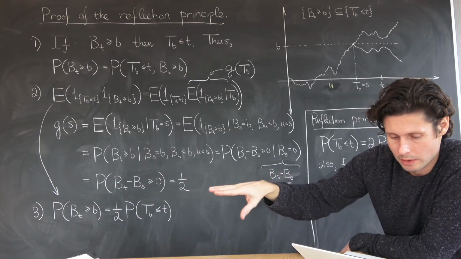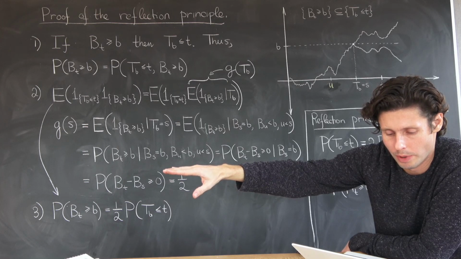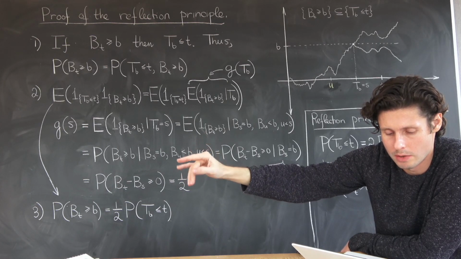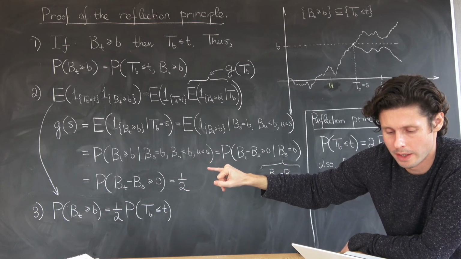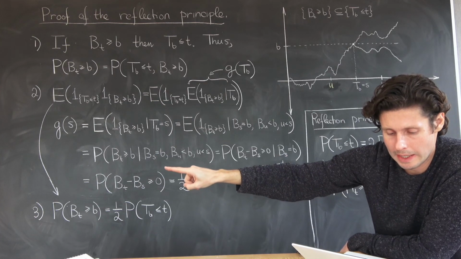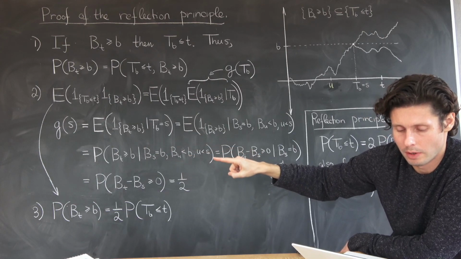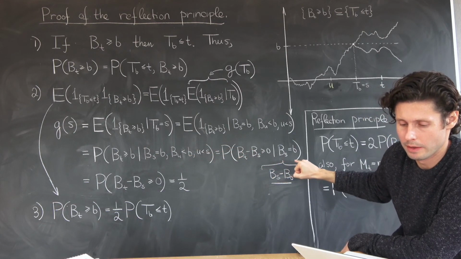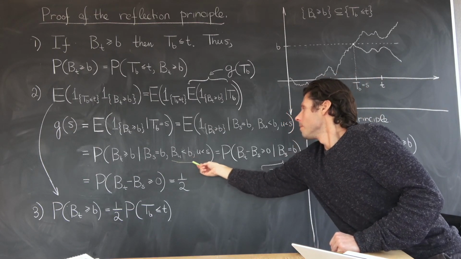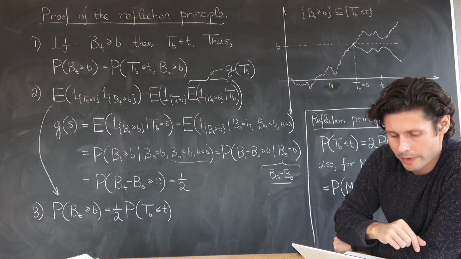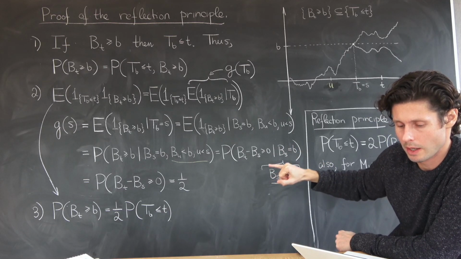So now continuing on, I'm just transitioning here to the same exact thing but written in probabilities. So the expectation of the indicator is the probability of the event, and here I've applied the Markov property. Everything that came before time s is irrelevant by the Markov property of the Brownian motion, and this allows me to drop this part right here. So everything there goes away, leaving me with this, which in fact is an increment.